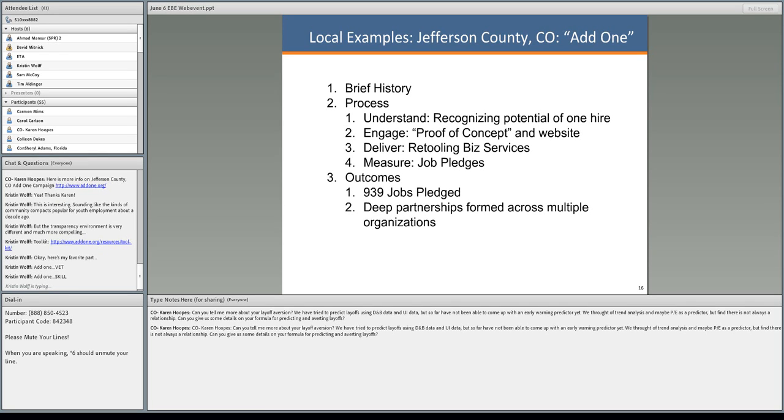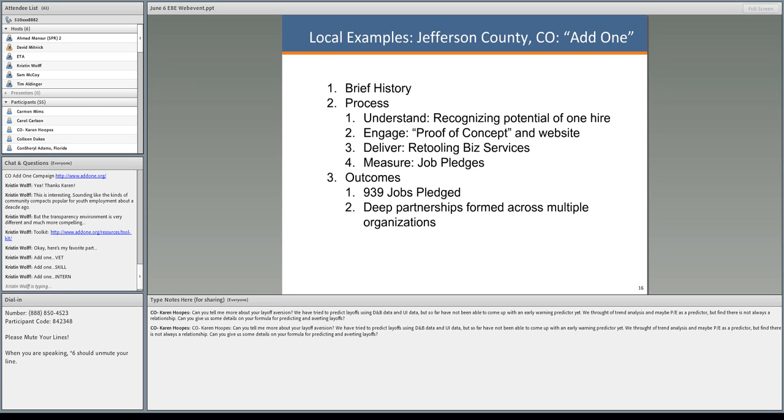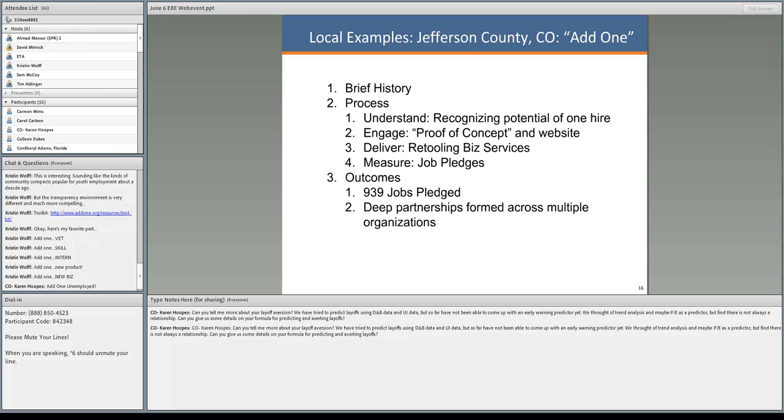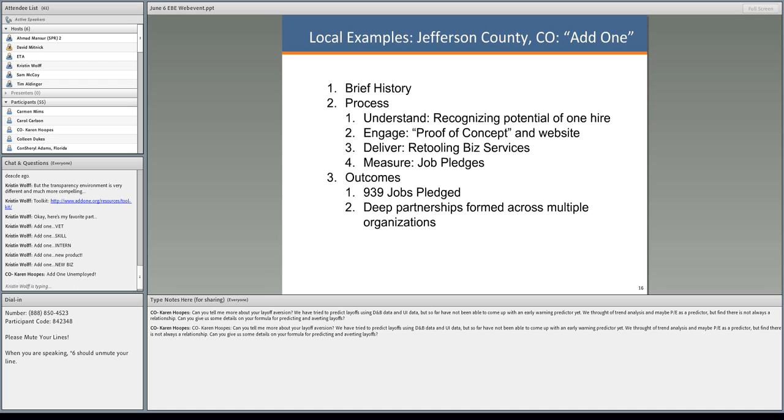So one little twist they're considering is adding one veteran spouse. They also looked at their labor market and realized that there was an opportunity to look at what was happening in terms of parents of young people who were in foster care, non-custodial parents. Can you add one non-custodial parent? So there are a number of ways that they are playing around with the framing of this. But it's really being able to drive a different kind of conversation.